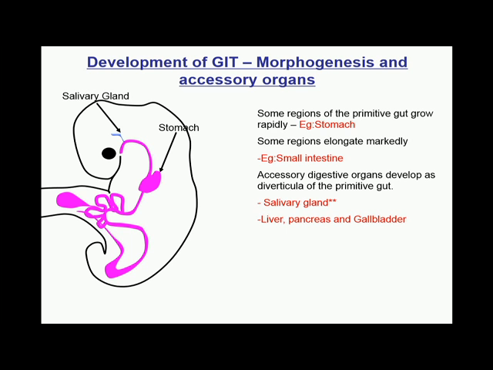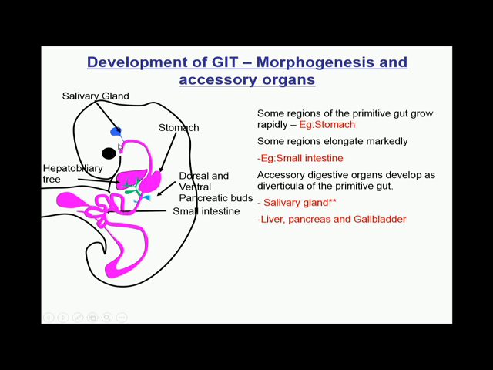And then there are many outpouchings, so diverticula. For example, salivary glands are related to the most proximal part, and they all develop as outpouchings of the endoderm, and then go on dividing to form salivary glands, and they will be connected via this duct because they are outgrowths.